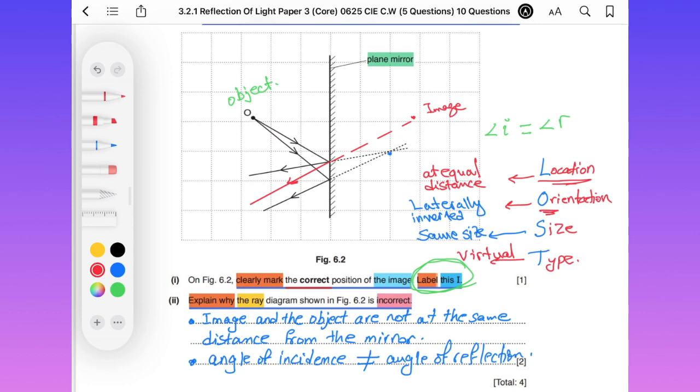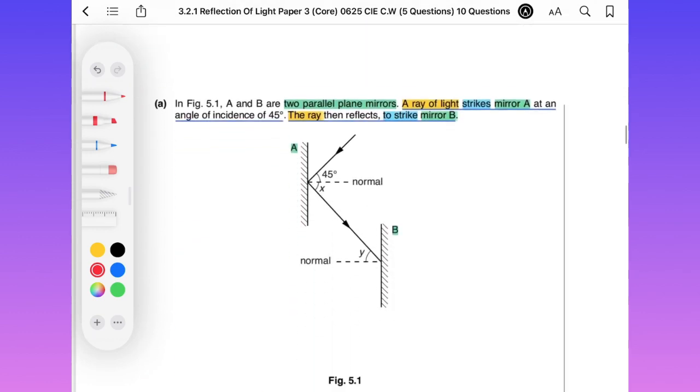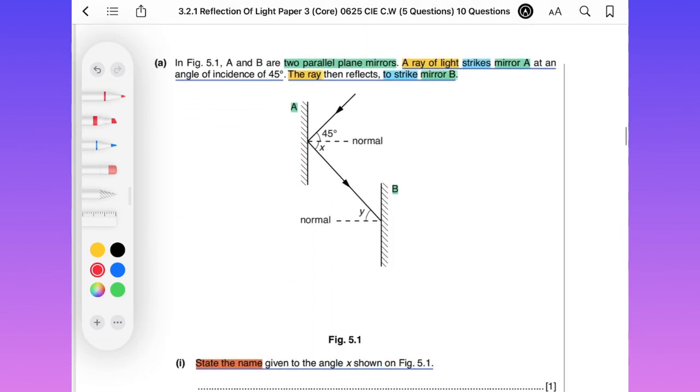Okay guys, let's move to question 2. Here we have 2 parallel plane mirrors and a ray of light strikes mirror A at an angle 45, and you have here: state the name given to the angle X. Angle X, here you have the incident ray, and here the reflected ray.